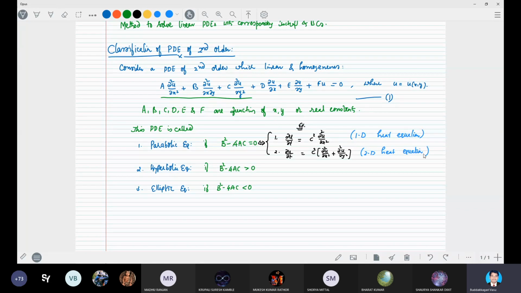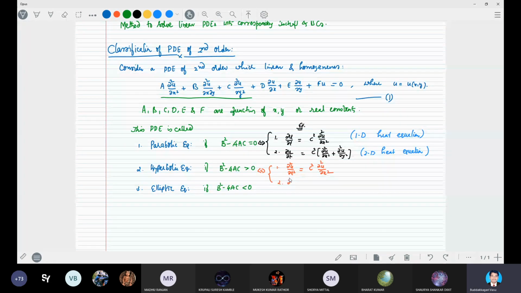Okay, and now for the hyperbolic equation, we can write the examples. One is dou square u by dou t square is equal to c square into dou square u by dou x square.